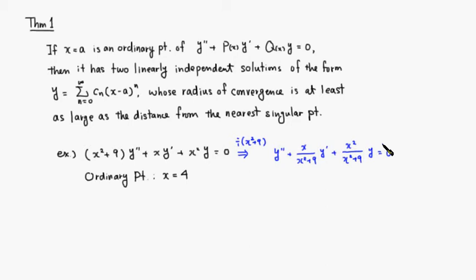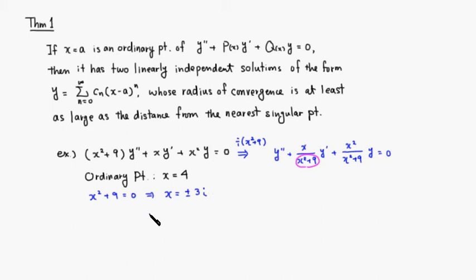Then we look for the closest singular point, and we're going to consider the complex values as well. So we can set the denominator equal to 0, because then we're in trouble. So let's set x squared plus 9 equal to 0. Then, as you can see, this will give us x equals plus or minus 3i.